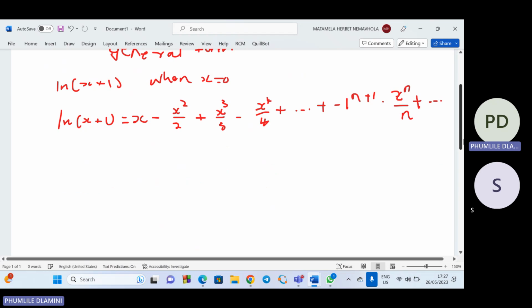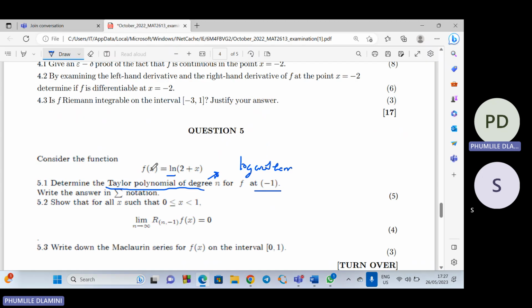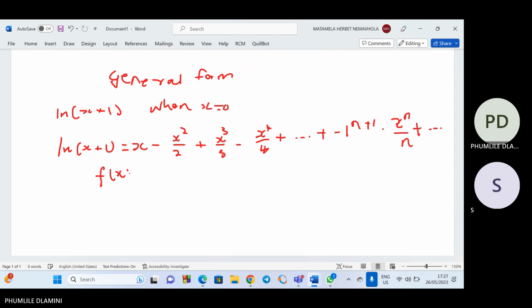Because the function that we are working with is f of x equals ln of 2 plus x, we have to find a way to deduce this into the form of the standard series so that we can use it.